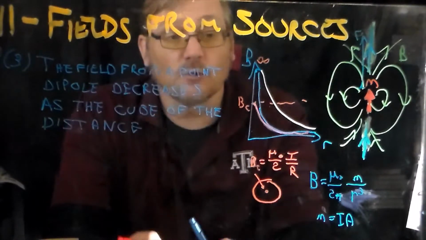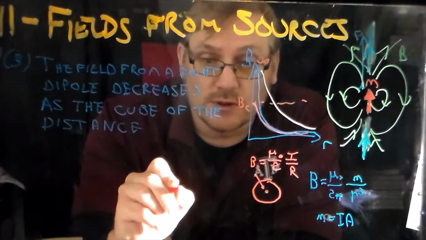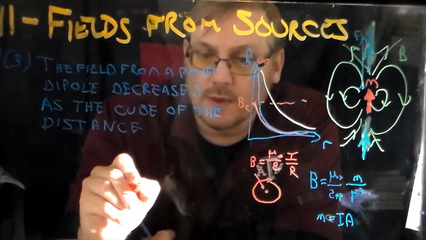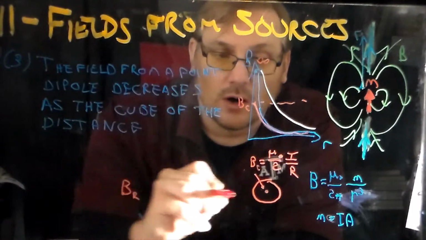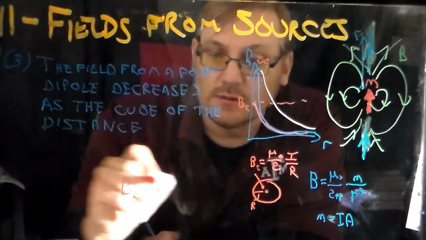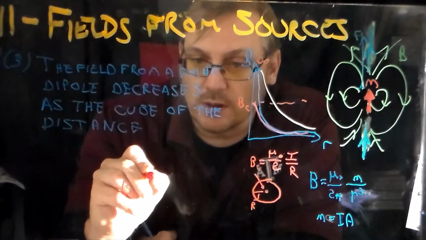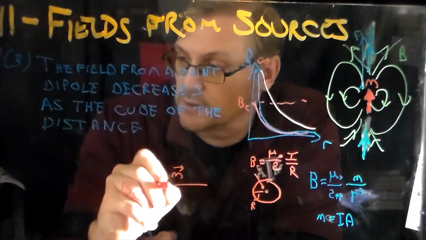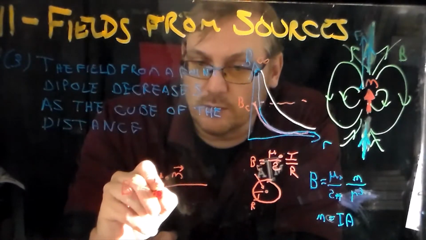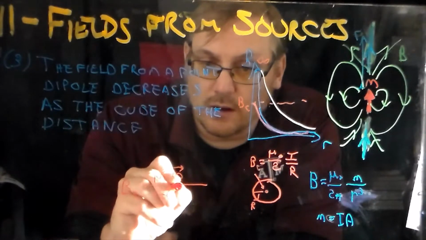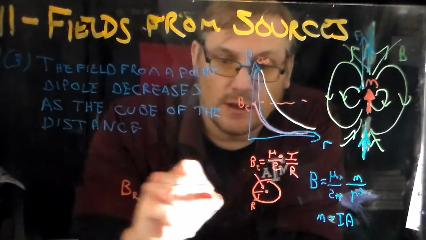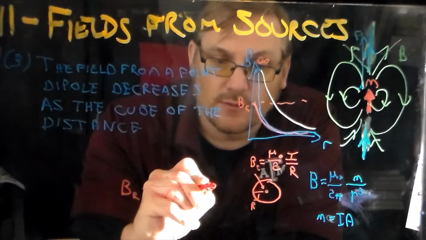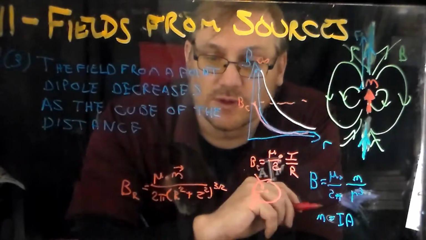So in the example, I'm going to combine this with another equation, B sub r, where r is the radius of this current loop, is going to be equal to mu naught m over 2 pi, r squared plus z squared to the 3 halves.